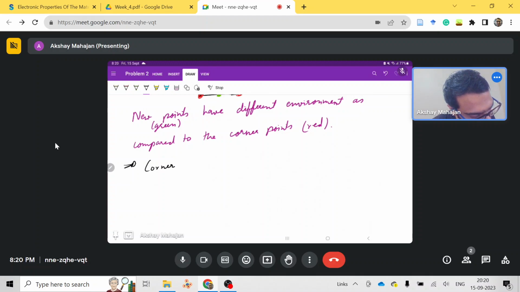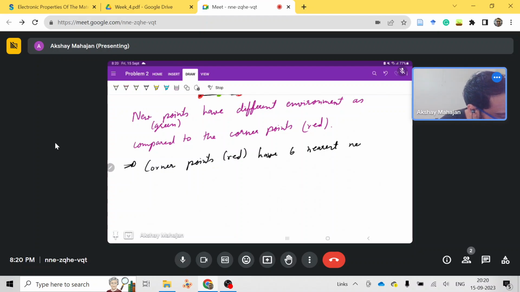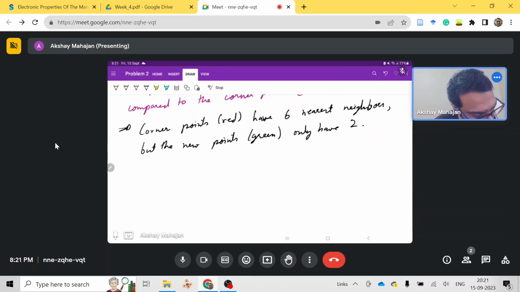Corner points, the red ones, have 6 nearest neighbors, but the new points, which are the green ones, only have 2. Okay, so it is not a Bravais lattice.